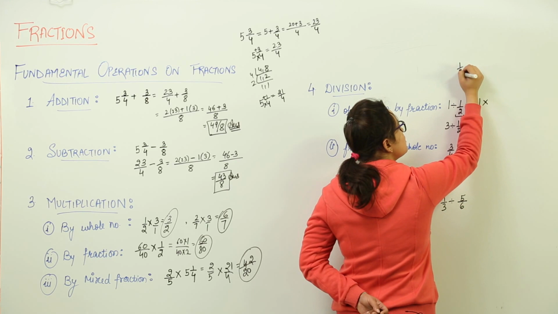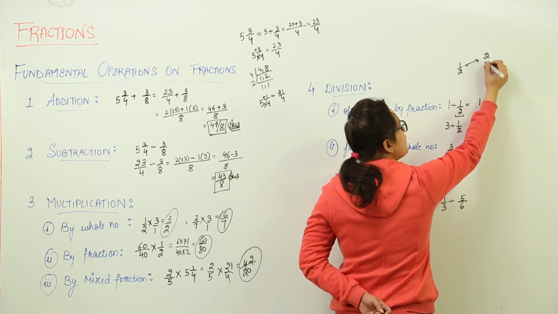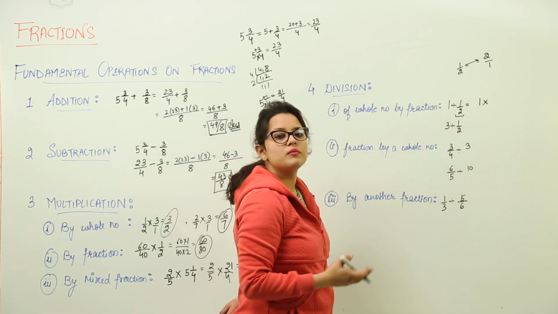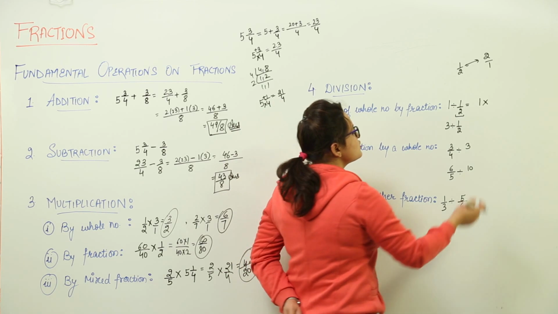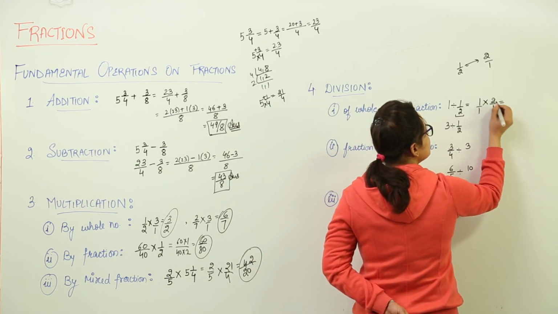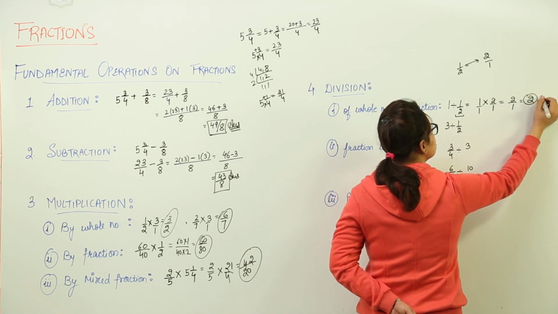What is the reciprocal of 1 by 2? The reciprocal of 1 by 2 is 2 upon 1. That means the numerator becomes the denominator and the denominator becomes the numerator. So this will become 2 upon 1. You multiply the numerator with numerator and denominator with denominator to get the answer.